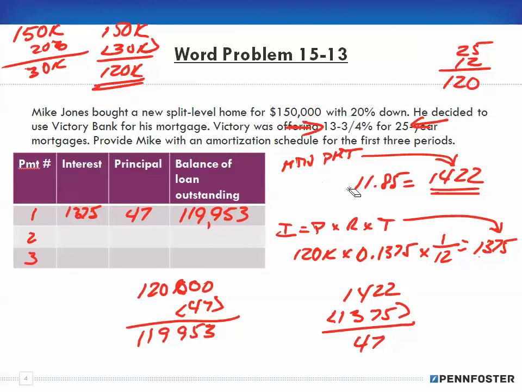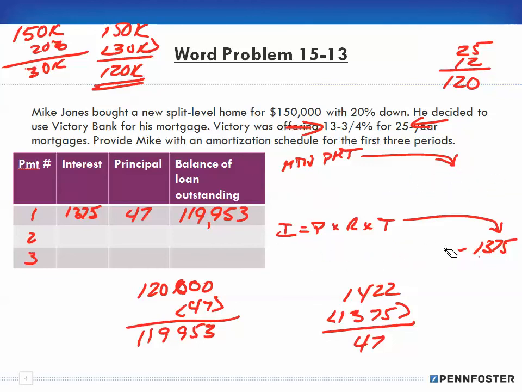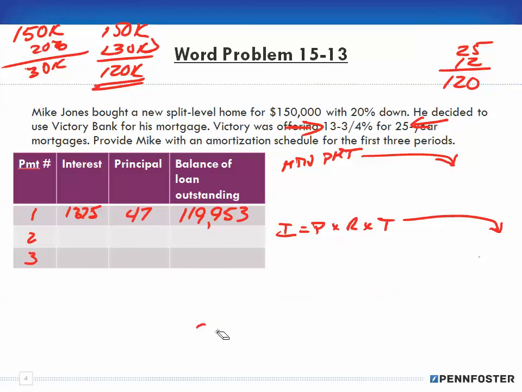Now if you're back, I'm erasing, and this is nothing but repetitive. Except now, instead of starting at 120,000, we're beginning at 119,953.